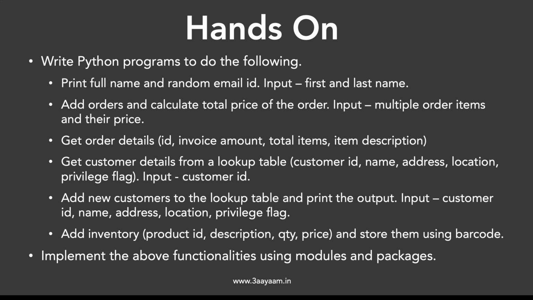Then we'll get order details like order ID, invoice amount, total items, item description, etc. given the order ID. Similarly, we'll get customer details from a lookup table which would contain customer ID, name, address, location, privilege flag, etc. And the input would be the customer ID. There's one more program which can be used to add new customers to the lookup table and print the output.